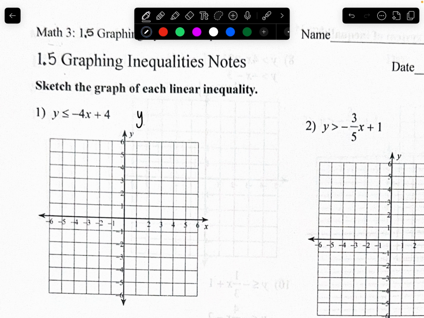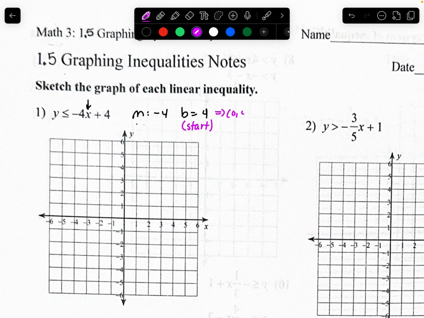So here we go. Y less than, oh, so it's just practicing. Okay, anyways, this is gonna be find your m, your slope, which is -4. Your slope, by the way, is always next to the x. Please do not put x, that is wrong. Y equals 4, or B. B is always my starting point.